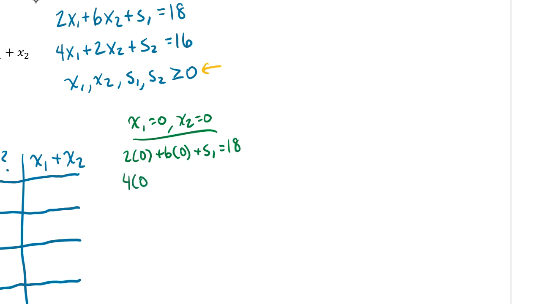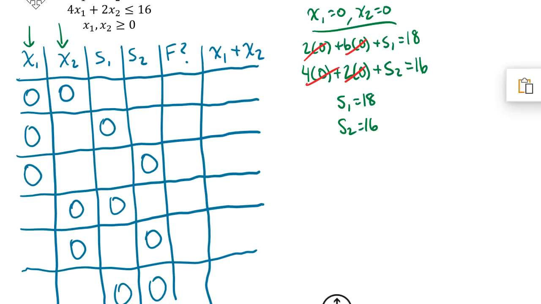Then 4 times 0 plus 2 times 0 plus s2 equal to 16. Anything that's next to a 0 just goes away. So we have s1 equals 18, s2 equals 16. That first one is nice and easy. So 18 and 16.